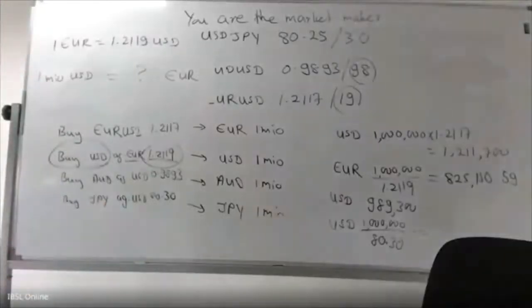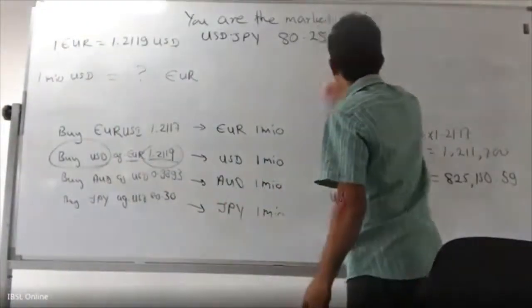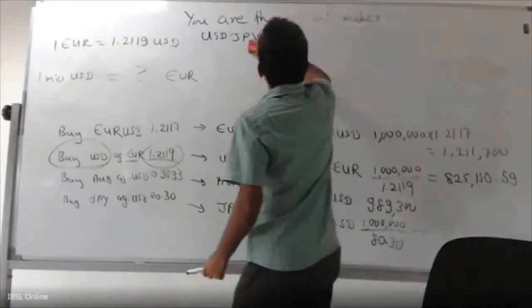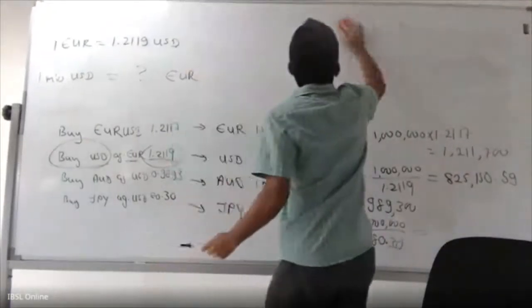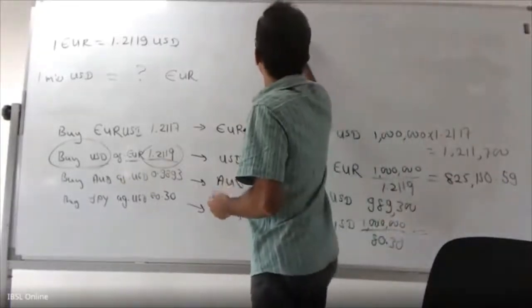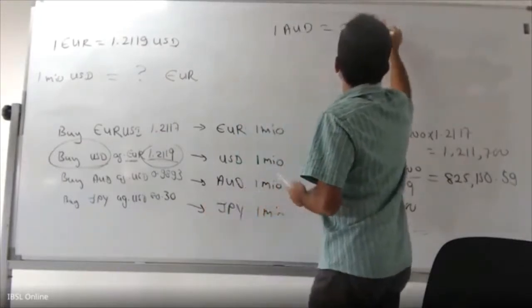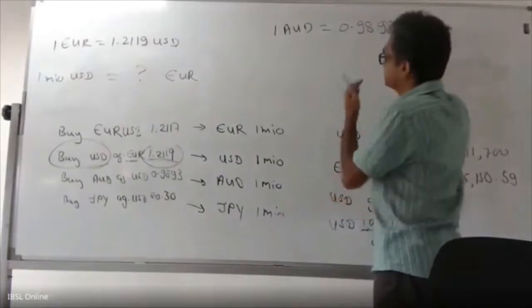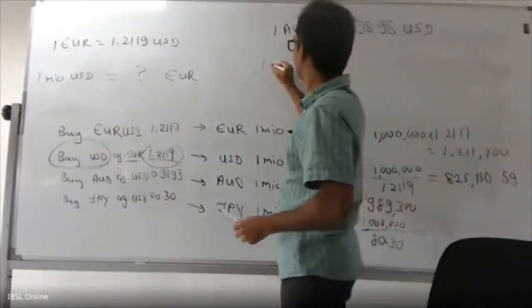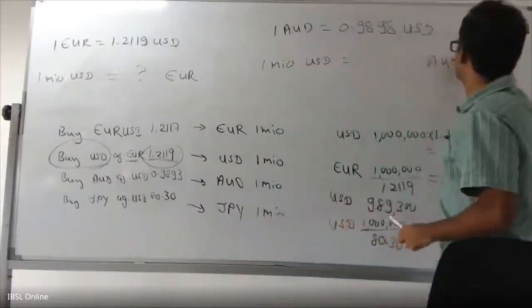Okay. If I write it, I delete this part. You need 1 million USD. What is the amount of AUD you need?